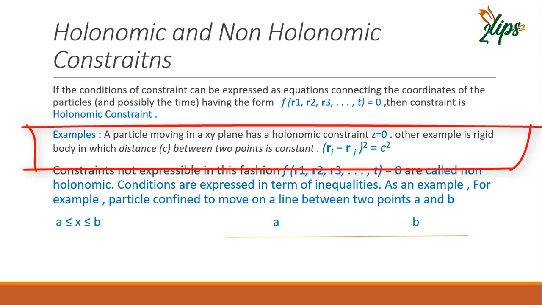Take another example, which is the rigid body. By definition, in a rigid body, the distance between 2 points is fixed. Let me call this distance c.